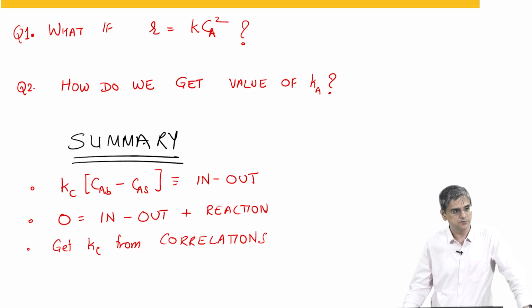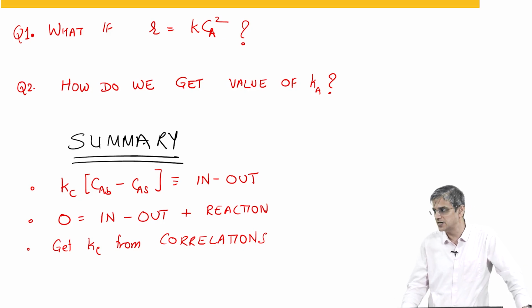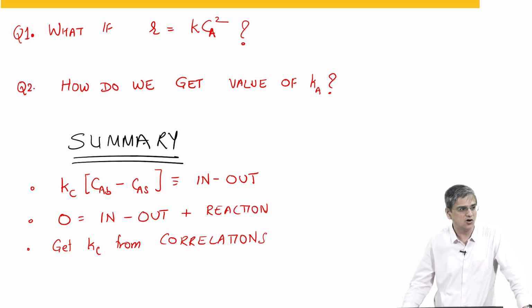If it is given per meter cube of pellet, you multiply by the pellet volume. If it is given per kg of catalyst, you multiply it with the mass of catalyst. That way you eventually get the expression in terms of moles per second, moles per hour, or kilomoles per second, whatever it might be.